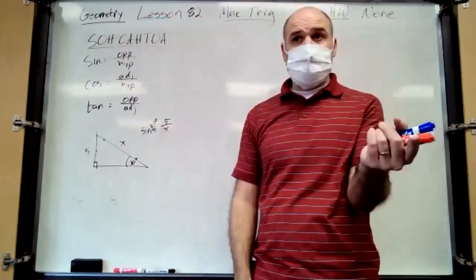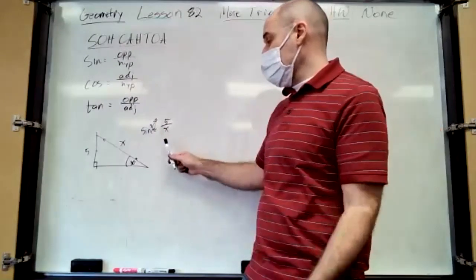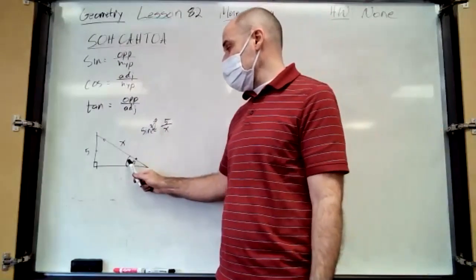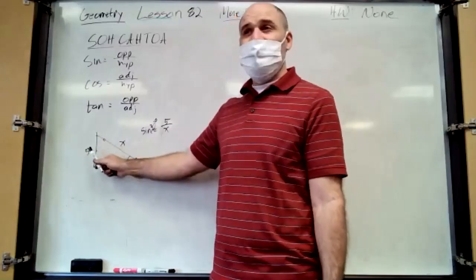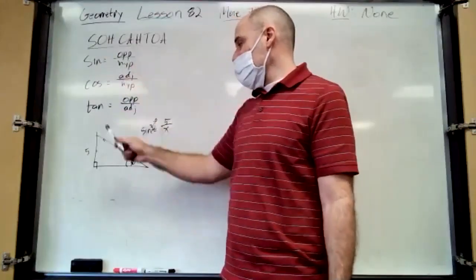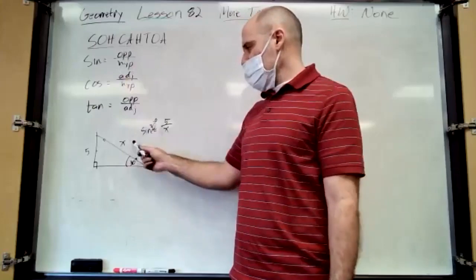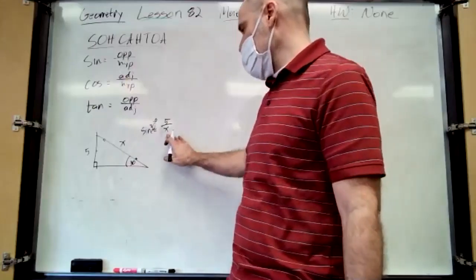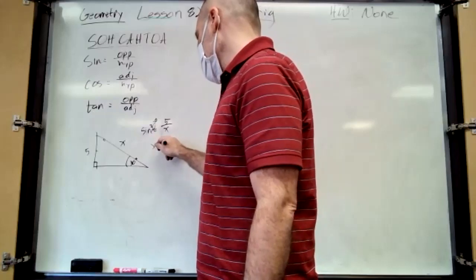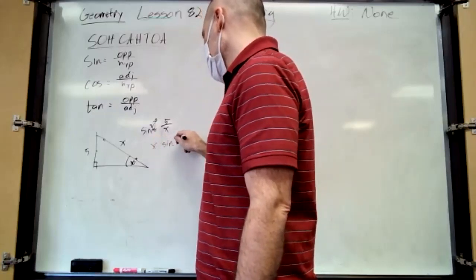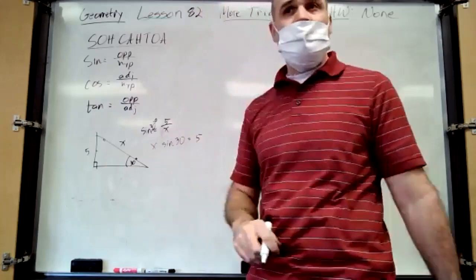Does that make sense? All I did was the sine of an angle is the side opposite of that angle divided by the hypotenuse of the triangle. The hypotenuse is x. So to solve for x, we need to multiply by x. We get x times the sine of 30 equals 5, right?